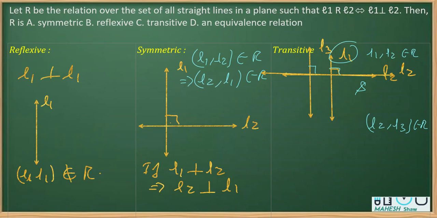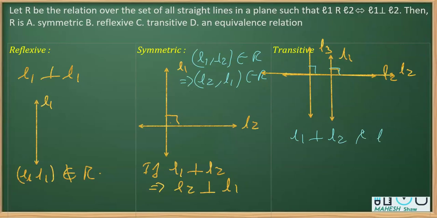Here L1 is drawn perpendicular to L2 and L2 is drawn perpendicular to L3. So what you see is that L1 and L3 are in fact parallel. In fact, L1 is parallel to L3.